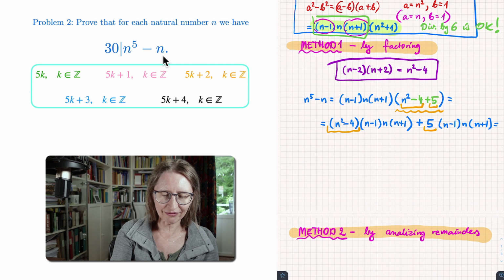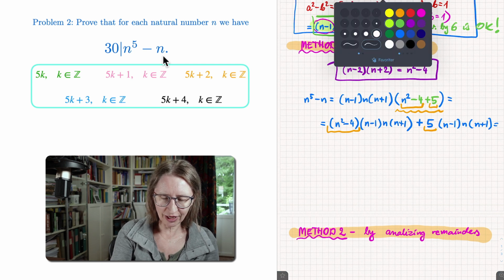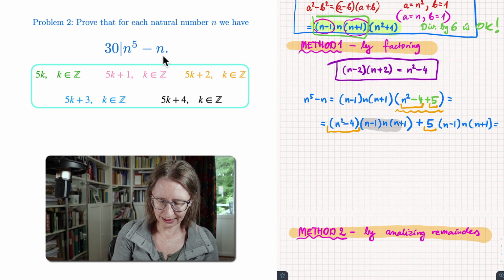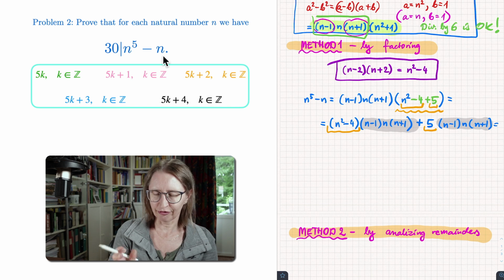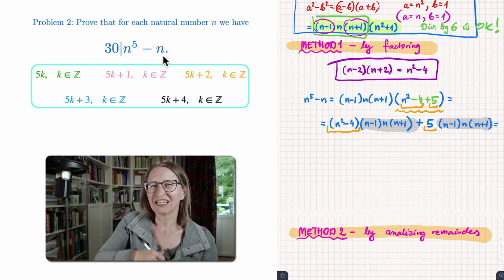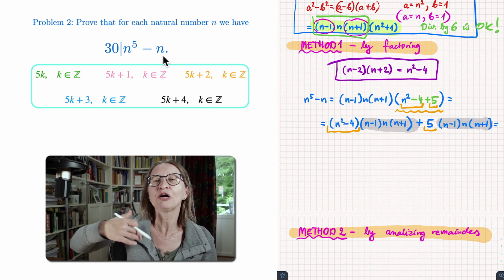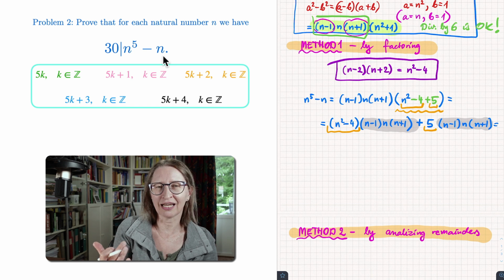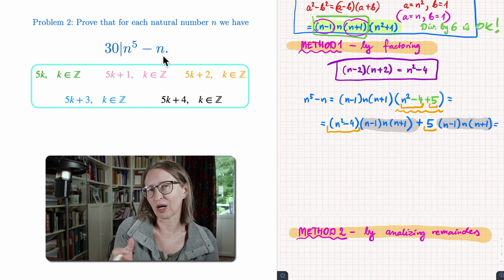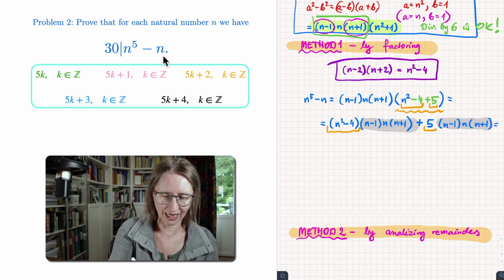If you don't believe it, just verify it by taking, for example, this common factor, factoring it out, and in the parentheses you will get n squared minus 4 plus 5, which is exactly n squared plus 1, so everything is just fine.